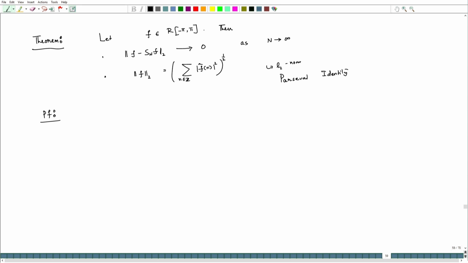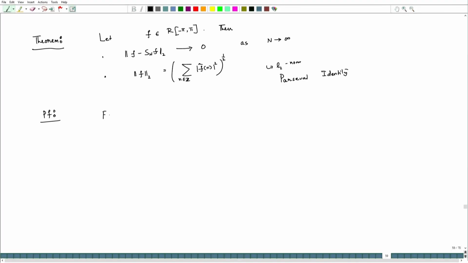So what do we know about trigonometric polynomials vis-a-vis the role of f? When we proved Fejér's theorem, we saw that if f is a continuous function, then f can be approximated uniformly by a trigonometric polynomial.